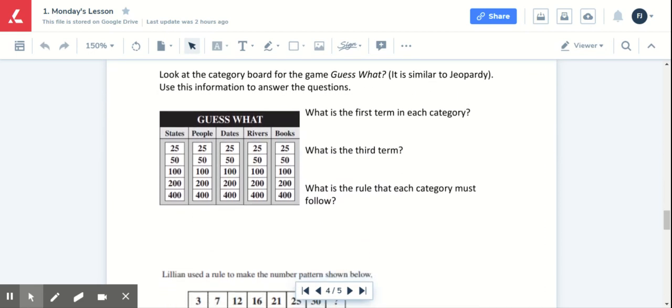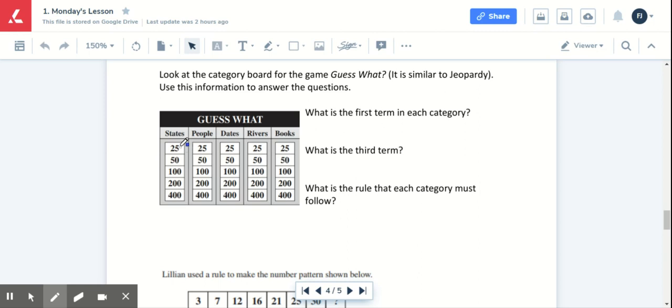Look at the category board for the game Guess What? It is similar to Jeopardy! Use this information to answer the questions. What is the first term in each category? Remember, a term is the number in the sequence.